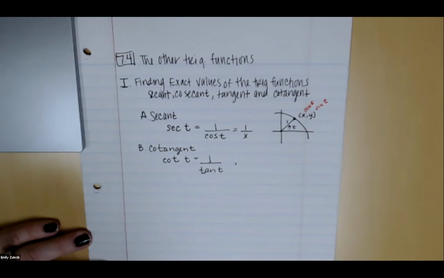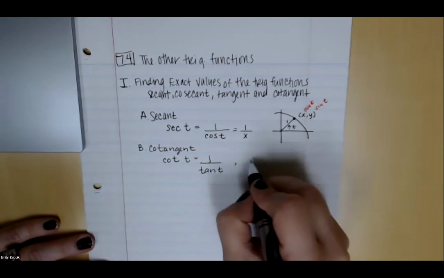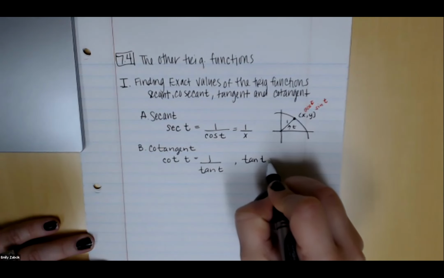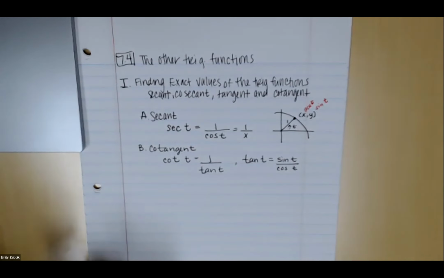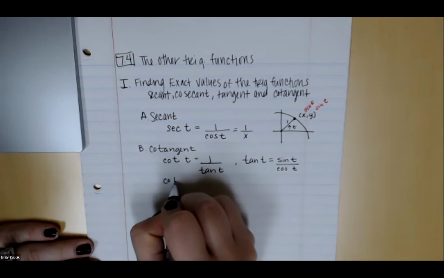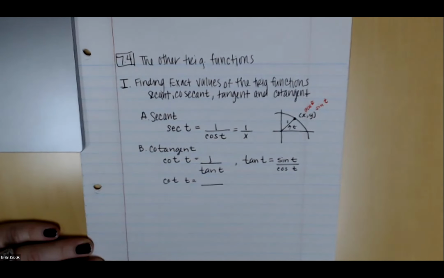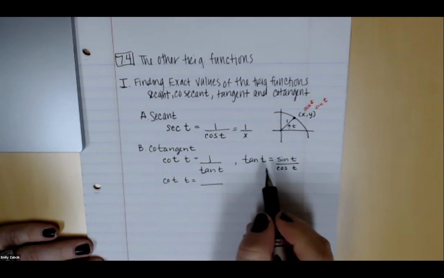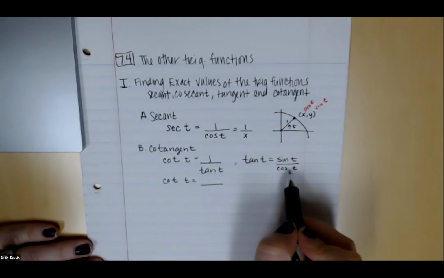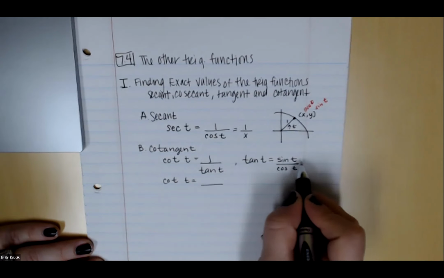So if we relate all this back to cosines and sines, and we relate it to our x's and our y's, let's remember too that tangent is equal to sine over cosine. So if cotangent is equal to 1 over tangent, then that means that, let's see, tangent being sine over cosine, the way I can write cotangent would be to reverse this.